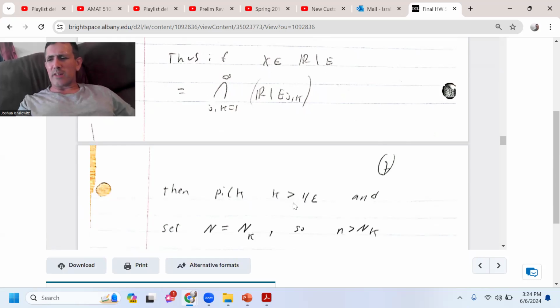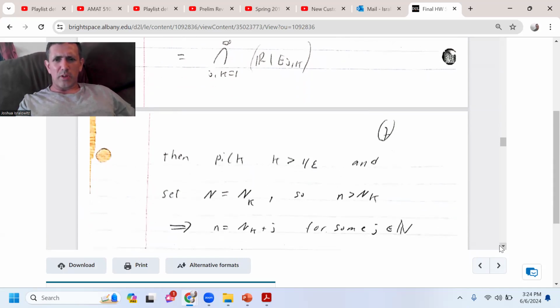I think you do that in analysis for trickier problems: you just try something and hope it works. So pick K bigger than 1/epsilon. You get your N here. If N is bigger than N_K, we have uniform convergence: regardless of what X is, f_n(x) minus f(x) should be less than epsilon.